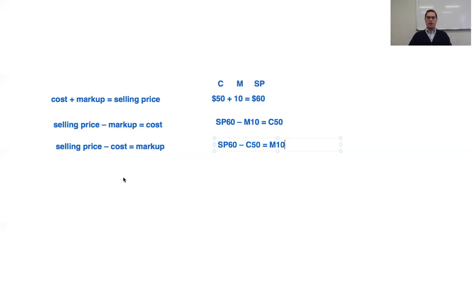Now I'm going to talk about an important concept called rate of markup. So I'm just going to erase this stuff here. The rate of markup is going to differ based on whether we are comparing the markup to the selling price or the cost. That's very, very important.